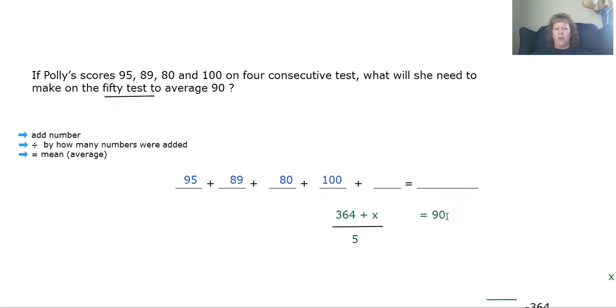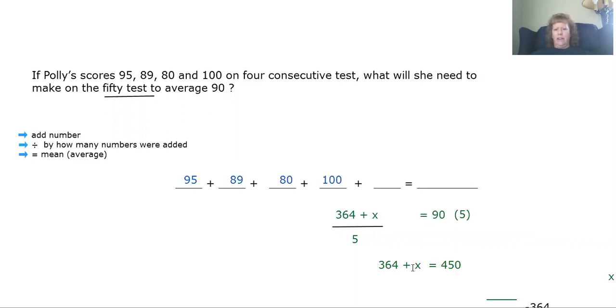So now we're ready to start working the problem backwards. So instead of dividing by 5, if you multiply by 5, that would make 5 cancel on this side, so that would equal 450.